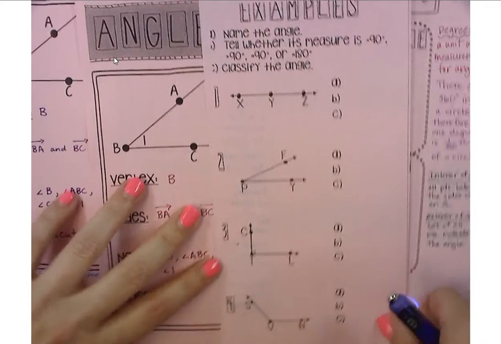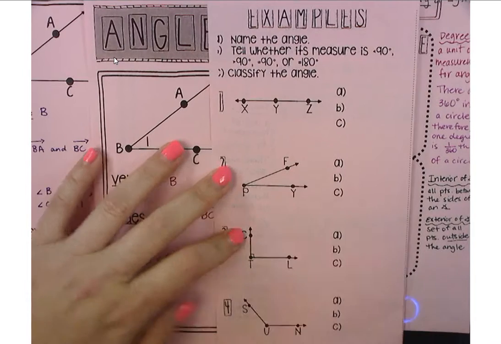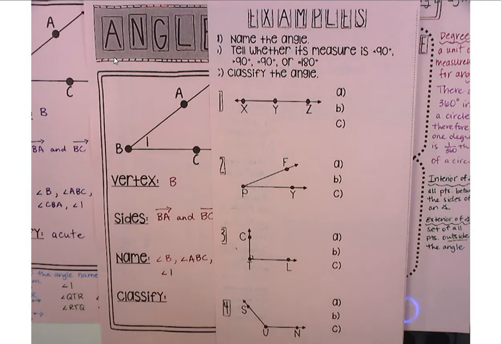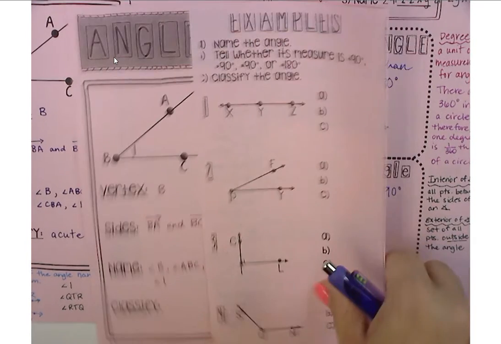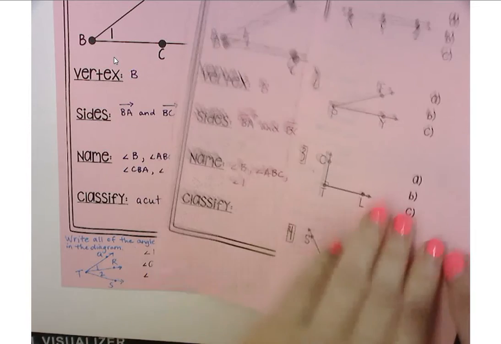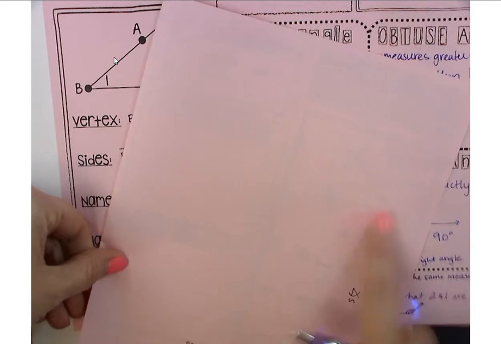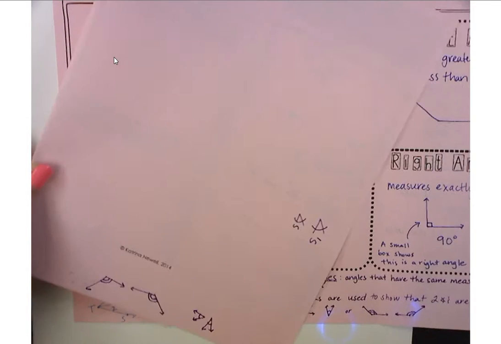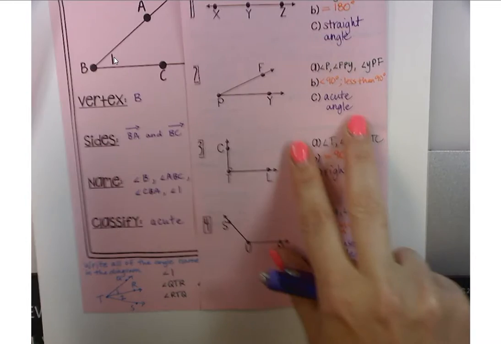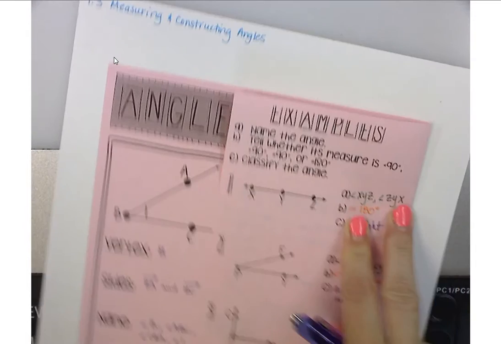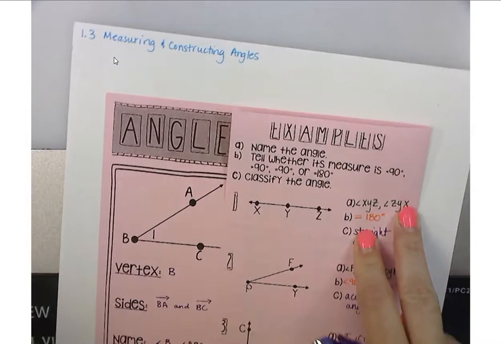And then the examples we are going to do as our warm-up tomorrow. So now you can glue this in your interactive notebook. So on this blank page here, you are going to put your glue. So keep it folded. You're just putting the glue on that blank page. And then you are going to stick it on your page where we put the 1.3 measuring and constructing angles.